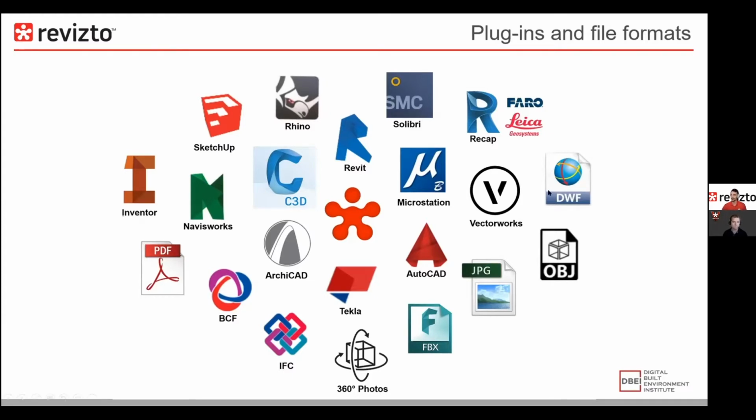So you can see the plugins we have for certain authoring softwares like Revit, MicroStation, Tekla, Inventor, and so on and so forth. We also integrate with photogrammetry, OBJ files, ABX files, and point cloud files as well. So pretty much we created that environment where everyone can come and see all the information they need to see in order to make informed decisions in the future.